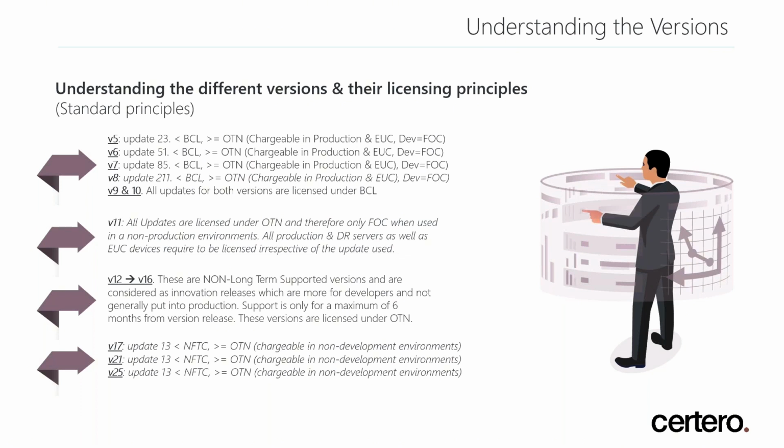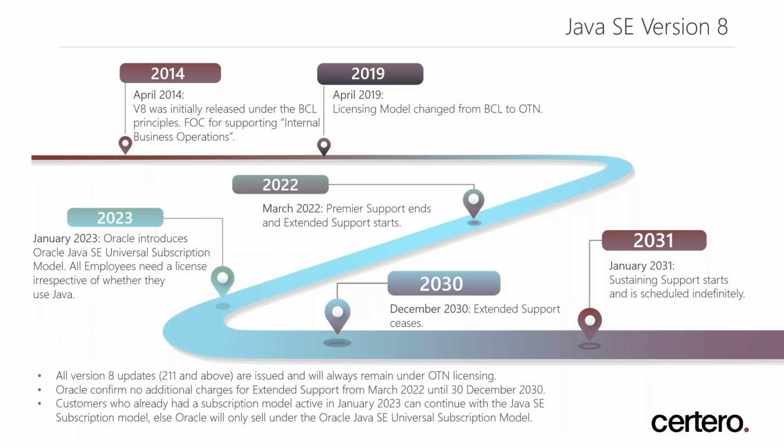Version 11, always had to pay, always will have to pay, and 17, 21 and 25, as we've said, is update 13 and above. So depending on how much Java you've got out there, it's quite hard to understand exactly what you've got and what rules are applying, and this is what Oracle's playing on.